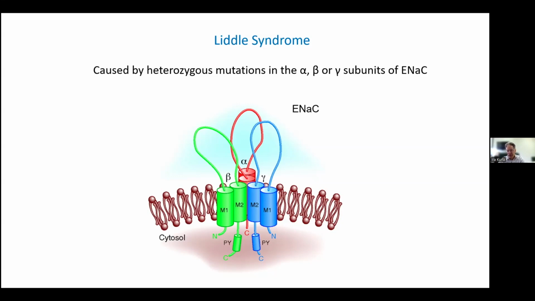Apical is the urine side, basolateral is the blood side, and they have different functions because they have different proteins. If it was symmetrical, it would never be able to transport from one side to the other. So this channel is in a particular configuration in the cell on a particular membrane. It's on the apical membrane of the cell.